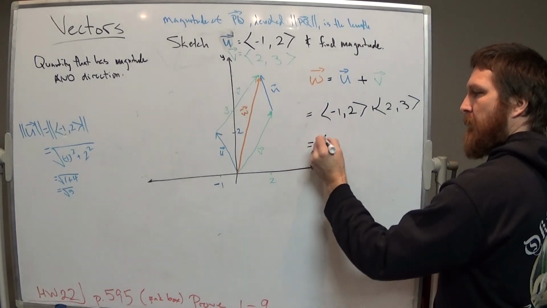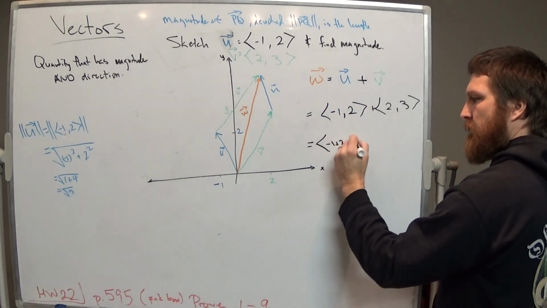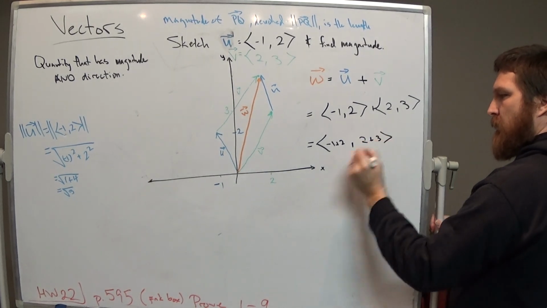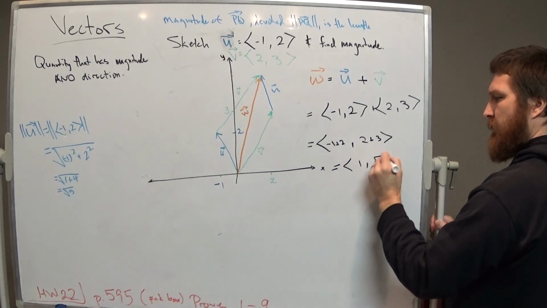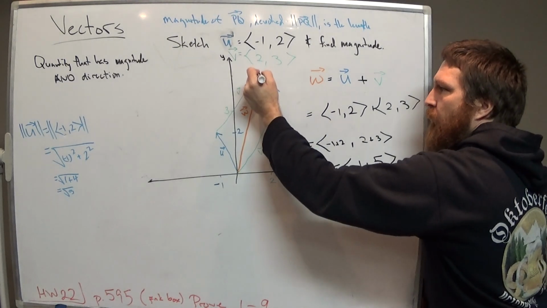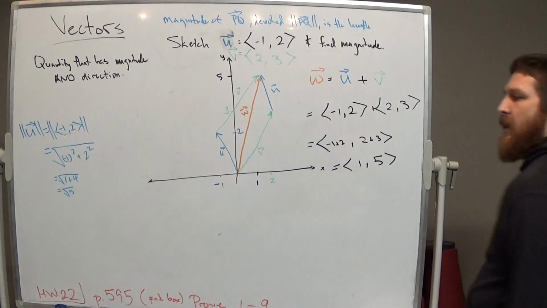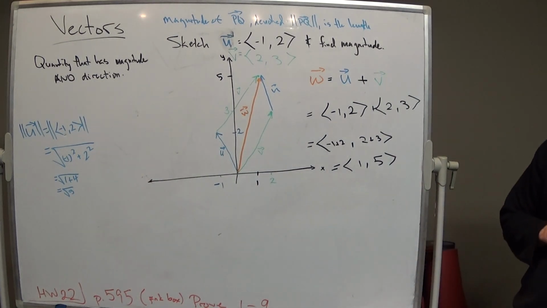And what we get, I'm going to be explicit about that, -1 plus 2, 2 plus 3, works out to 1, 5, I believe. Is that right? Yeah. And so there's your point right there, and so W is the vector 1, 5.